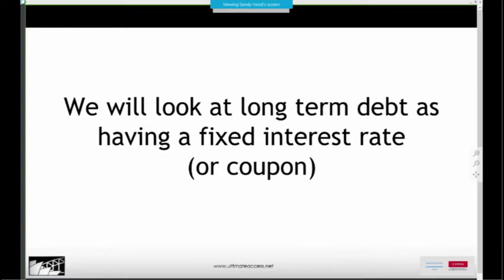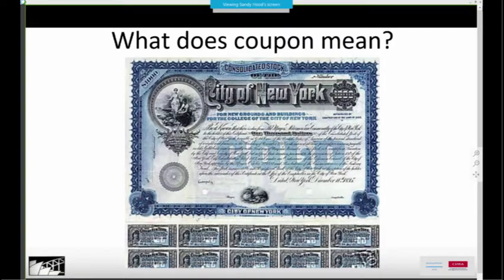So we typically think of debt as being fixed interest, so it's on a coupon, and sometimes it's difficult to understand what a coupon is. For old people such as myself, it isn't so much of a problem because we grew up when the vast majority of us never used computers. But this is a very ornate stock certificate issued by the City of New York, and on the bottom you can see a series of what looks like banknotes, and these are the coupons.